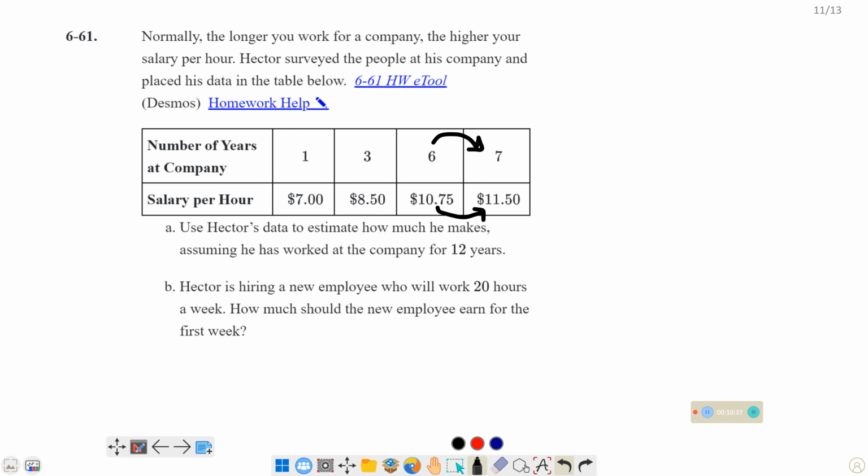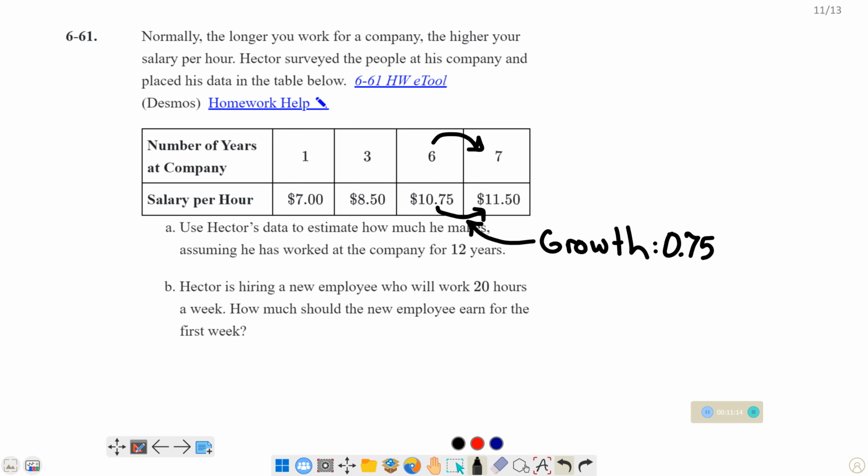Now, in your notebook, you do not have a table. May I suggest that you either make a table or make it a rule? It's up to you. You have to decide, does your brain work better in tables or does your brain work better for a rule? Okay? If you work better in a table, the growth is right here. You can see that it goes up by 75 cents, 0.75.